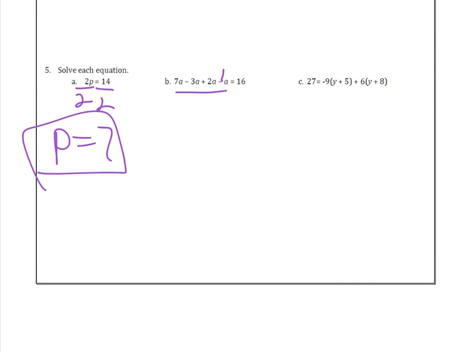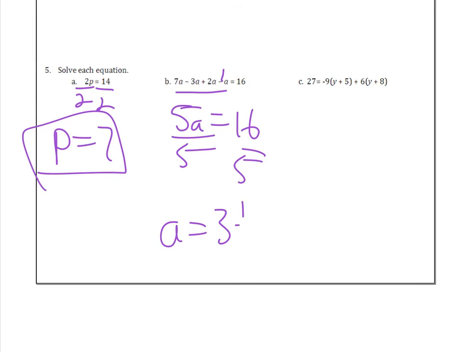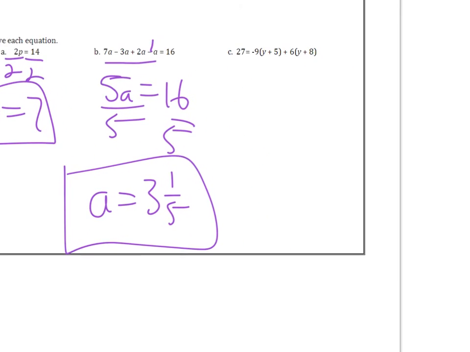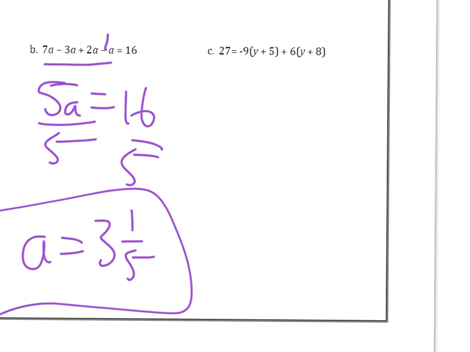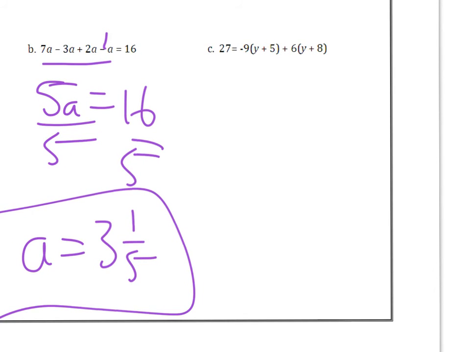So 7, 4, 5, 6. So 5A equals 16. A little division. That's going to be 3 1/5. Yes, fraction answers are legal. Don't get too excited, but yes, they do exist, and they are not illegal. I can have a fraction or decimal answer.